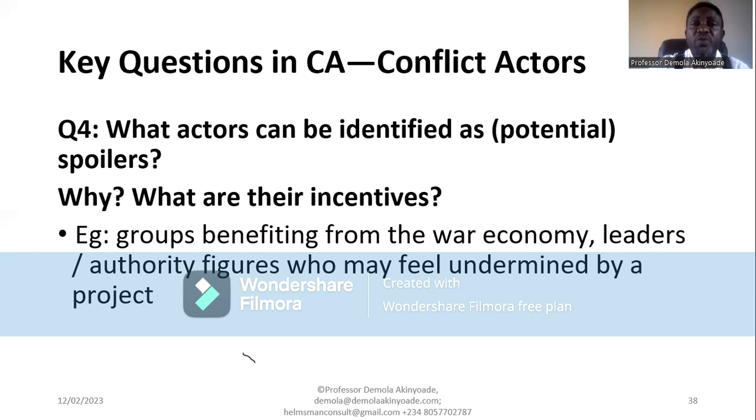Sometimes meeting with these people one-on-one and reasoning with them is all. Maybe they didn't have full understanding of the conflict situation or of what you are trying to do. But whatever you do in conflict management, do not be indifferent to spoilers.